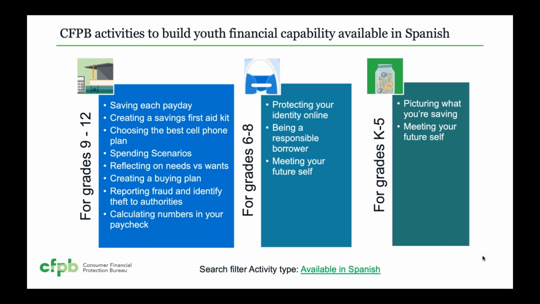We selected these activities because they're 12 of our most popular activities. And when you're using our filter tool system that I showed you earlier, you choose the activity type available in Spanish and they'll all show up. And then you can select from there if you'd like to see the teacher guide and student handouts available in Spanish as well as available in English.